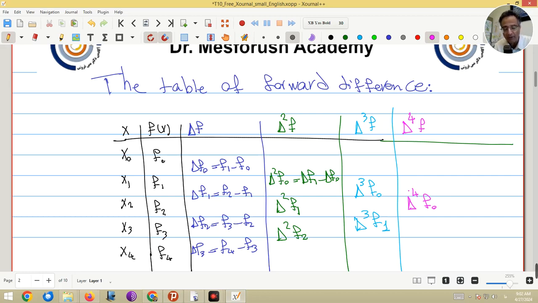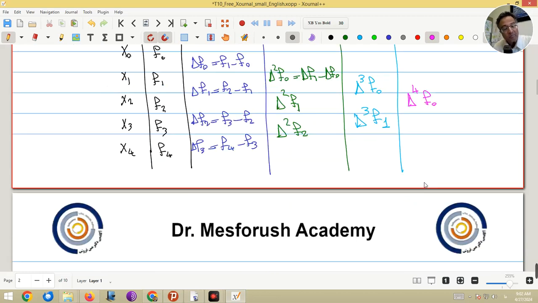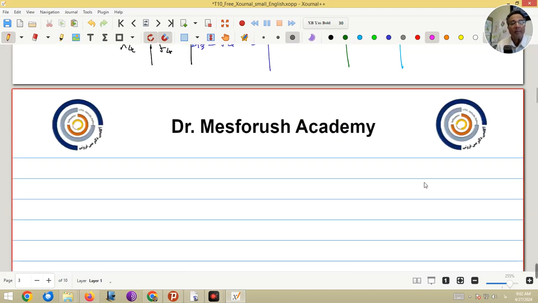Now I want to use this property and this kind of sequences for computing the interpolating polynomial. Let me write a theorem here and I will prove it.